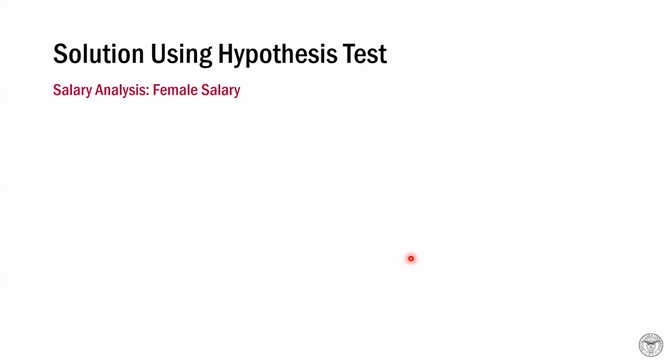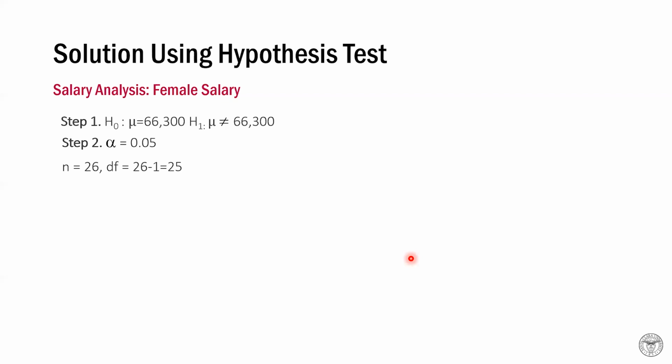For this female salary case, alternatively, following the 6-step procedure, in step 1, we state the null hypothesis H sub 0: mu equal to 66,300. The alternative hypothesis H sub 1: mu not equal to 66,300.